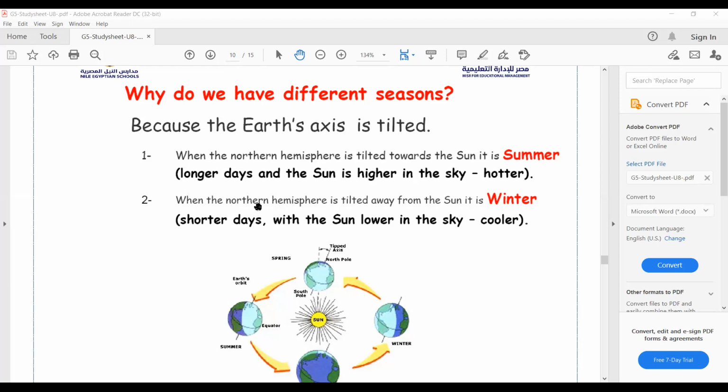When the northern hemisphere is tilted away from the sun, it's winter. The duration of the sun in the sky is so short, with the sun lower in the sky, or cooler.